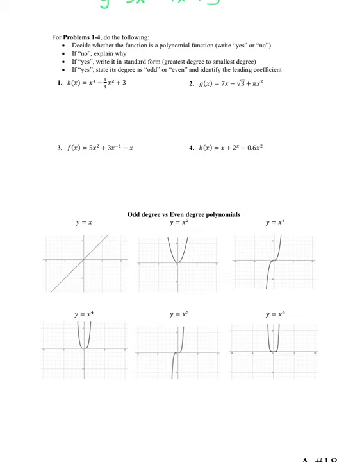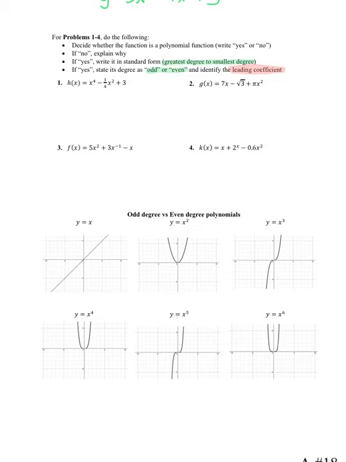If it is a polynomial function, you'll skip the explain why. You're going to write it in standard form, which is reordering it from the greatest degree exponent to the least degree exponent. And then if yes, you're going to state its degree as odd or even. And you're going to identify the leading coefficient.